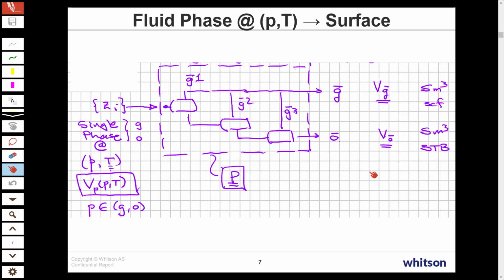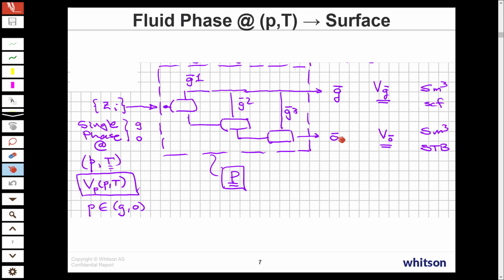This is just a schematic showing a generic fluid entering a surface process, which is shown here with the dashed line. Basically, it's a three-stage multi-stage separator process, where the gas from each stage is removed and collected together to provide the total surface gas, and we end up with the final surface oil product.